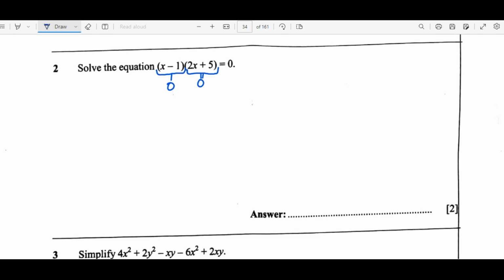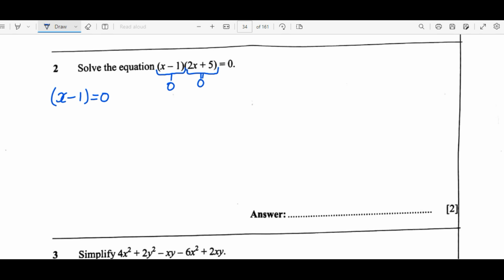So let's look at the first bracket, x - 1, which we are saying must be equal to 0. What number can we subtract 1 from to give us 0? You know that x will be 1, since 1 minus 1 is equal to 0.